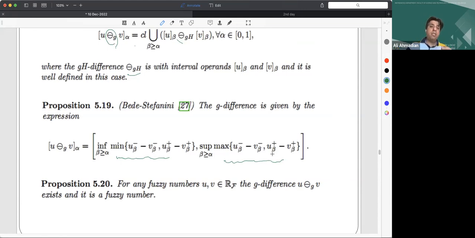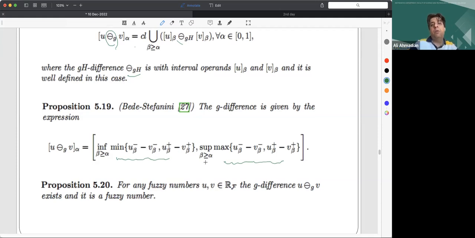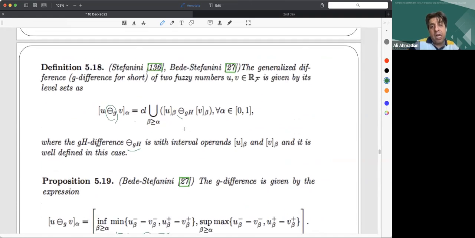But for the generalized difference, we need to consider the infimum of these subtractions, where the infimum is over all beta cuts with beta greater or equal to alpha, and the supremum is over all beta cuts with beta greater or equal to alpha.